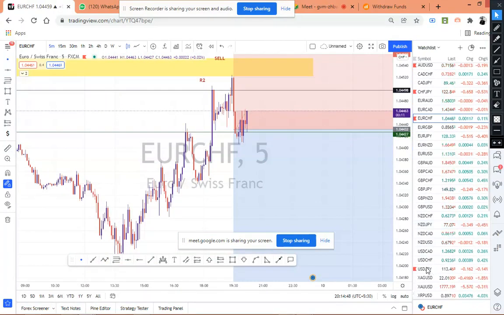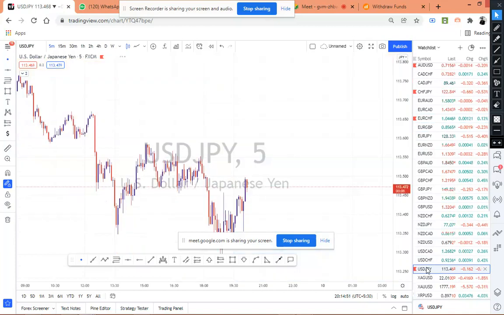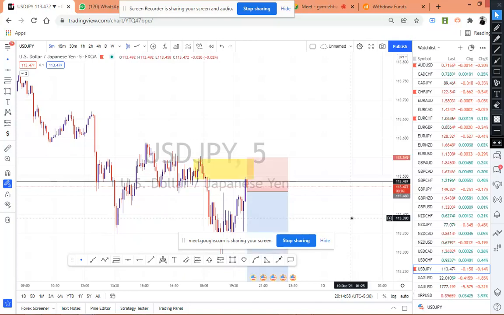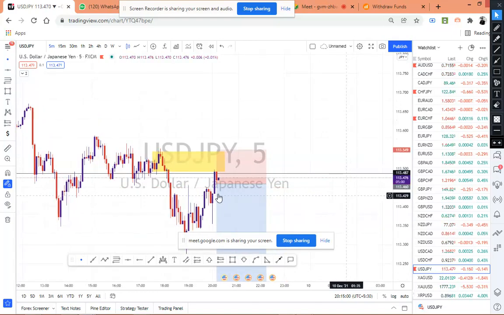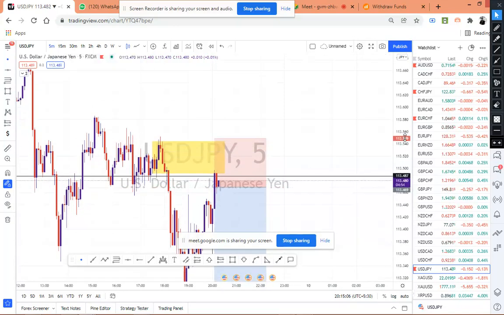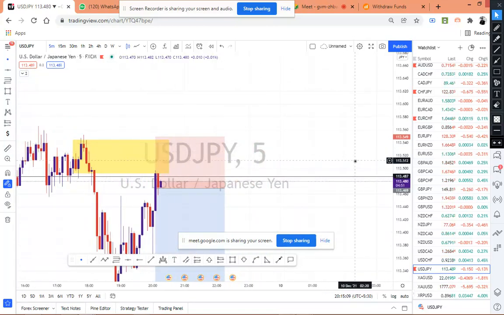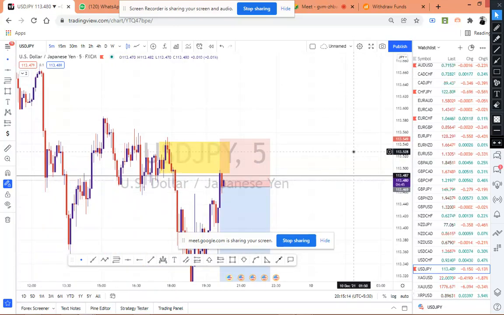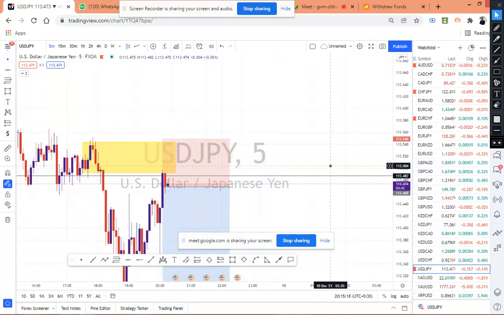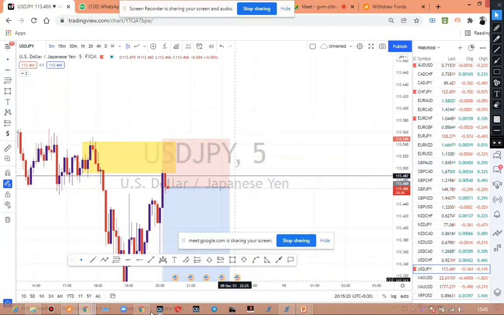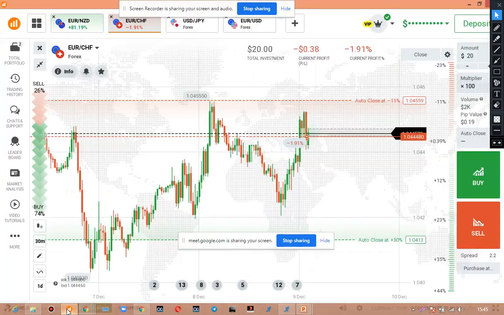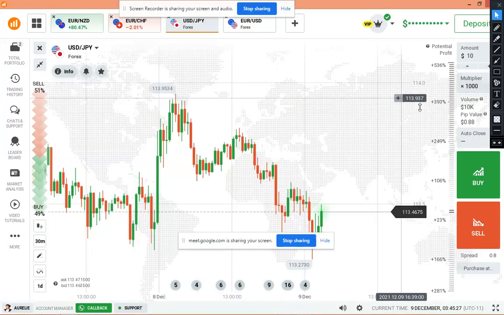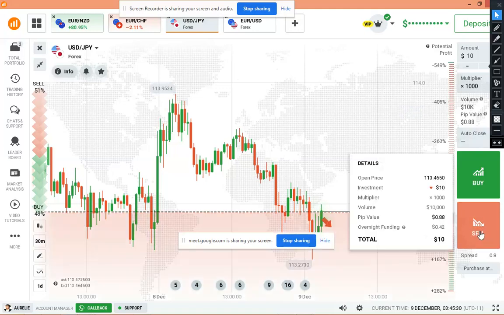So let's keep an eye on Euro USD, USD JPY. Okay, USD JPY. So I'm going to set the trade right now. Still using $10.